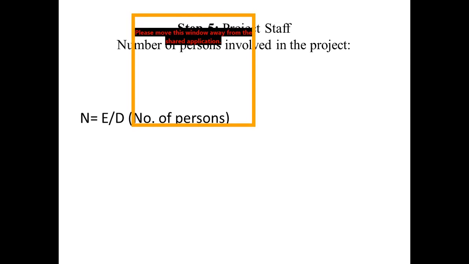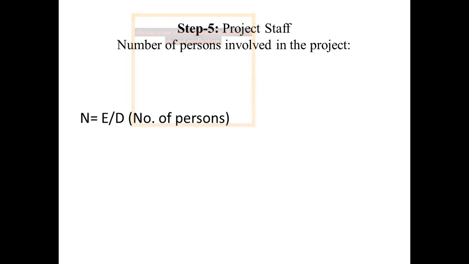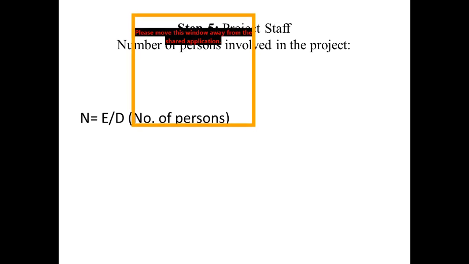Now the formula is capital N is equal to capital E divided by capital D. Capital E is the final effort, which we have already calculated as A into KDLOC to the power B. Capital D is the final duration, which we have already calculated with the help of the formula C into e to the power D. So no problem at all.